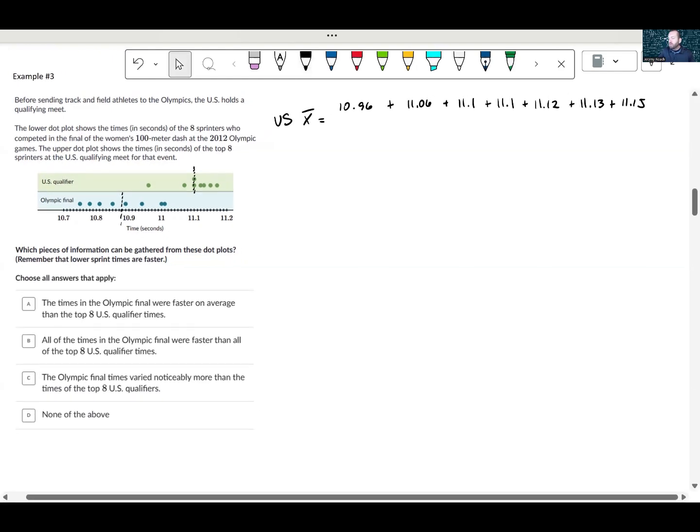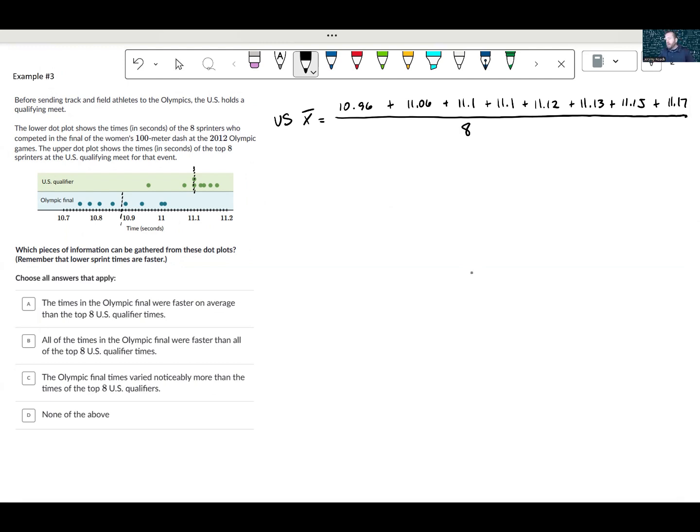And then we've got one more, and this is for the green, plus 11.7. Now we're going to divide by 8, so we have 8 sprinters, 8 data points. If we continue to add these together, we get 88.79 over 8. And so for the US mean, you get 11.1.